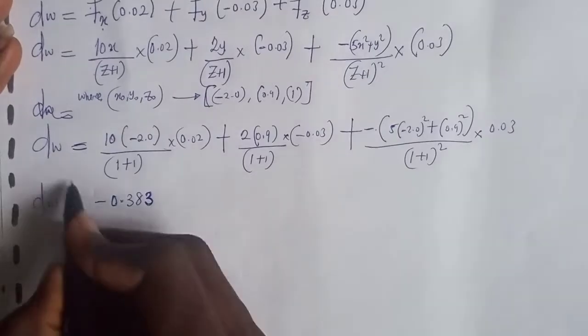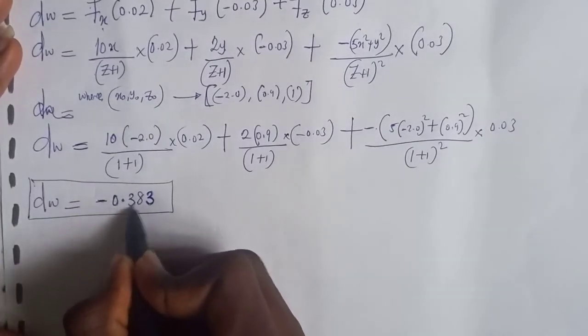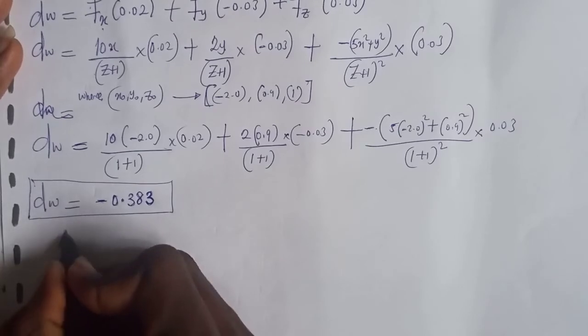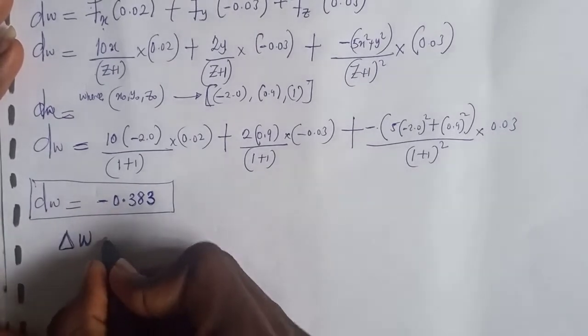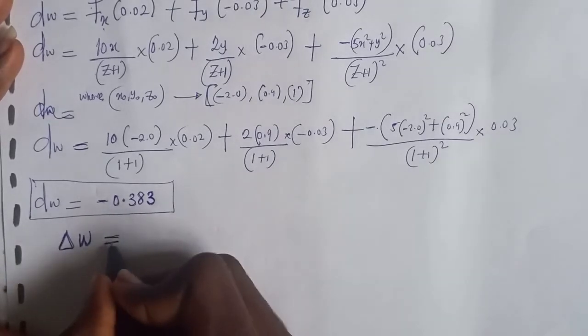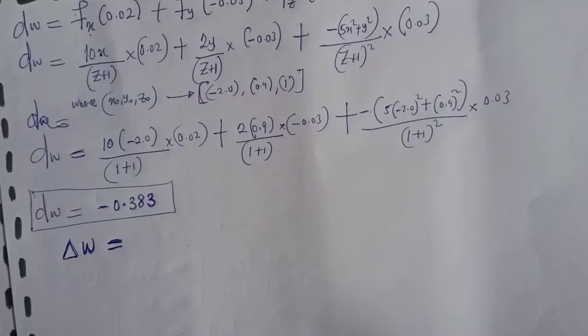Now, since we have the value for the total derivative, remember that the change in W from what we have initially should be equal to the approximate, the change in error, something similar to this.